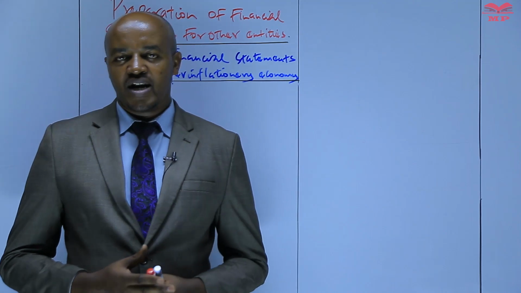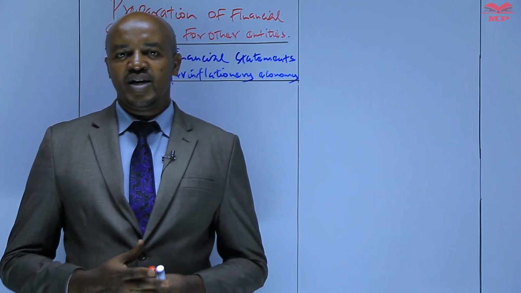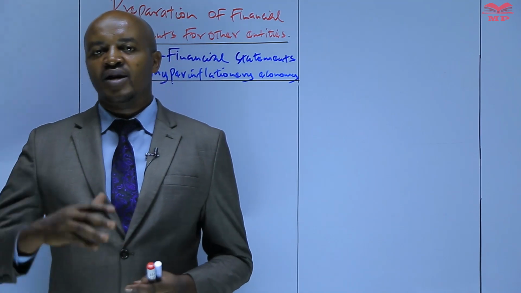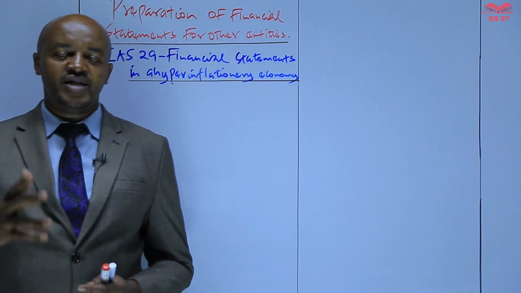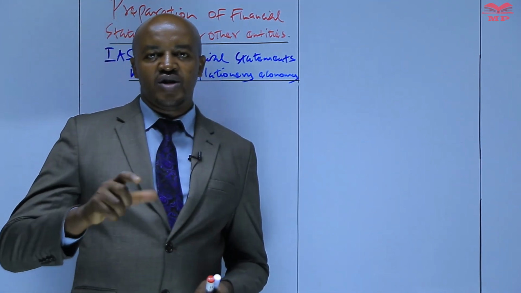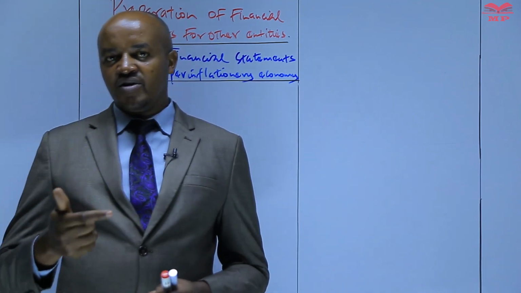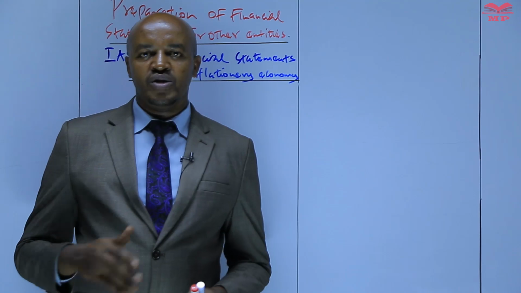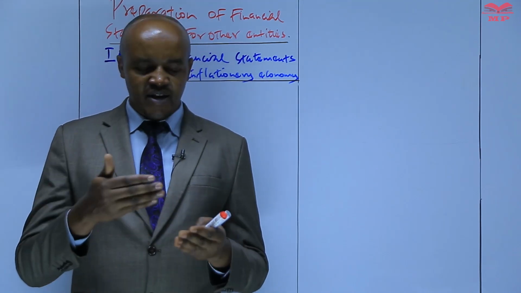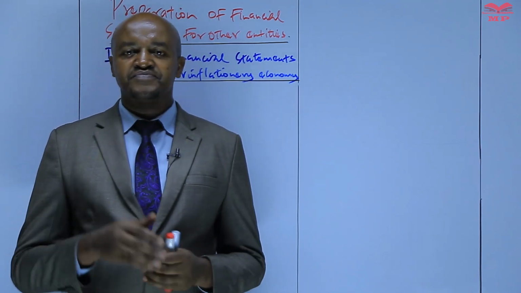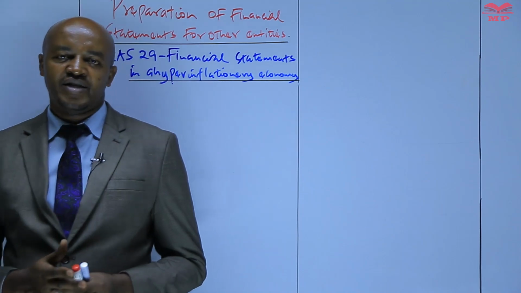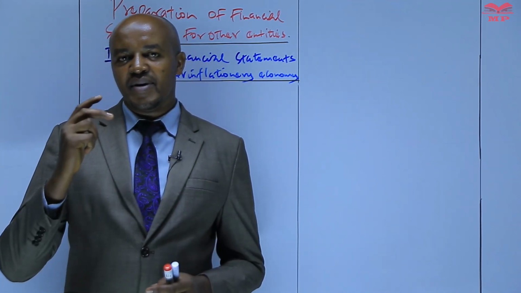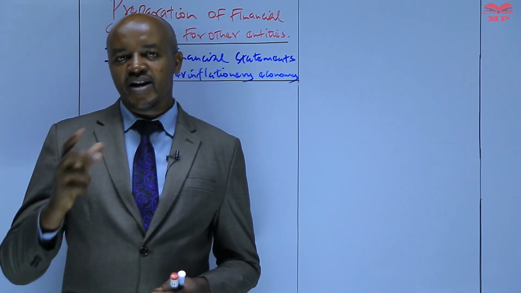Entities or companies which operate in such an economy are required to prepare their financial statements in accordance with International Accounting Standard number 29, which requires that those financial statements must be adjusted in order to reflect the changes in the general purchasing power of the functional currency.